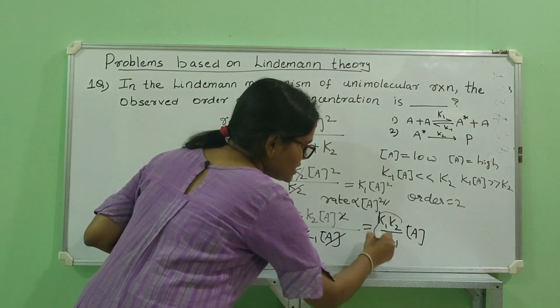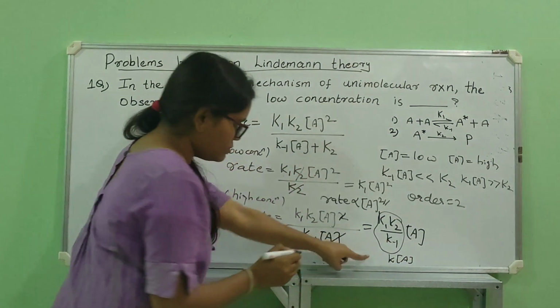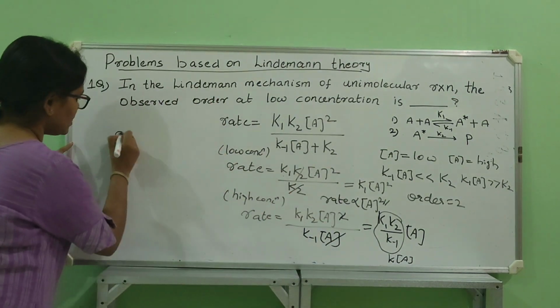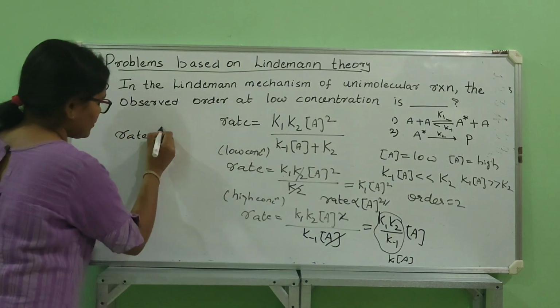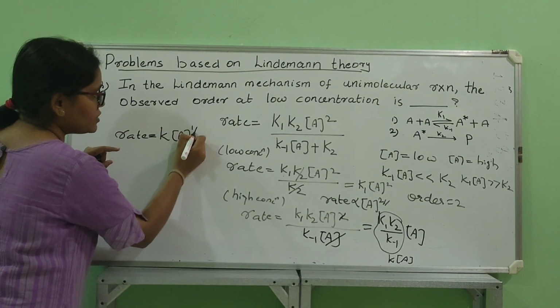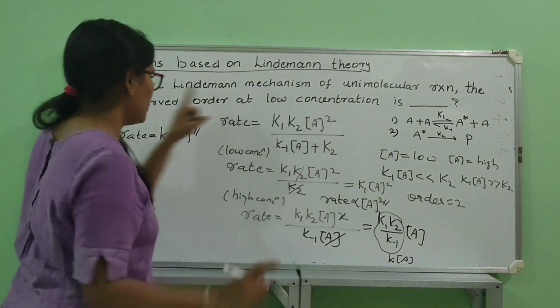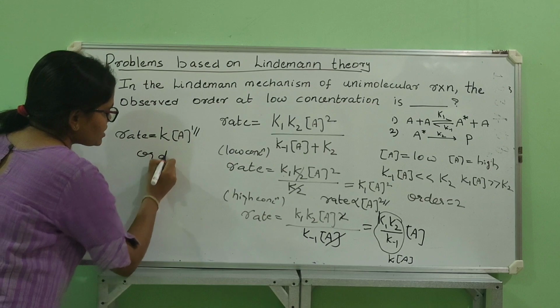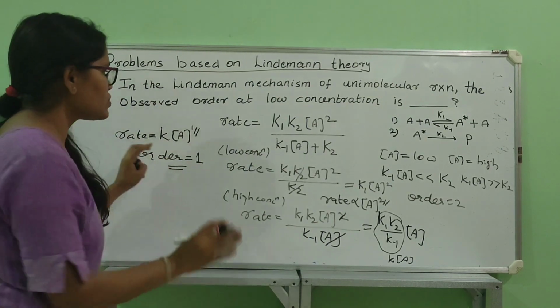So I will write this entire term as K. So the rate becomes, so I will write it here. At high concentration, rate is equal to K into concentration of the reactant to the power 1. So in high concentration condition, the order of the reaction becomes equal to 1. So this is how you solve this problem.